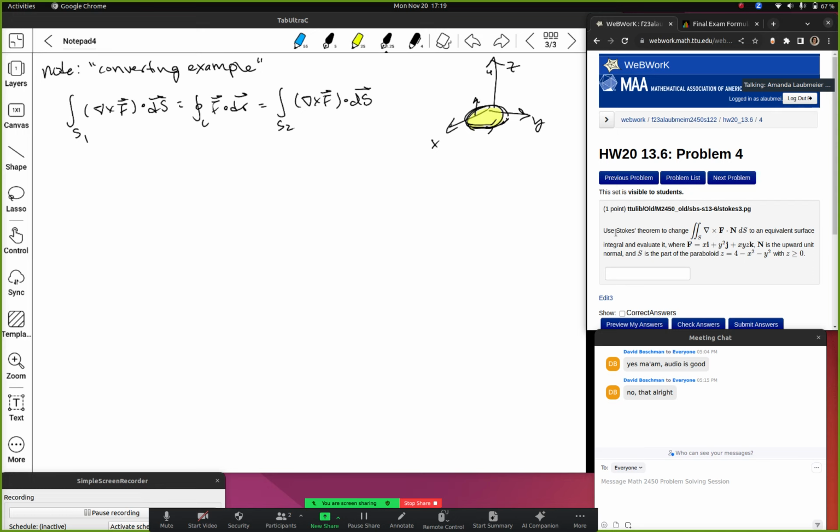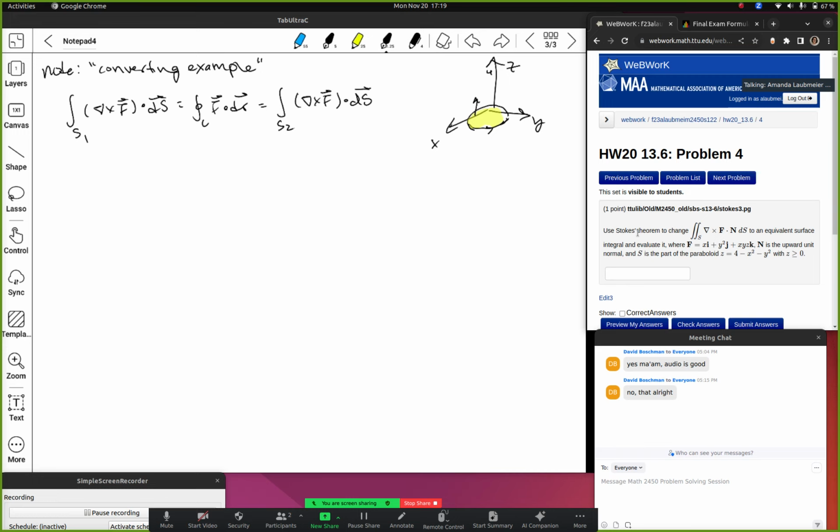That's this first step. But also I could convert this line integral into this new surface, S2. That's the second step. And so I can just skip the line integral in the middle and go ahead and do the surface integral, which you maybe wouldn't have intuition for on your own, but this is going to be easier than doing the first surface or the line integral, and that's why WebWork told you to do it this way.